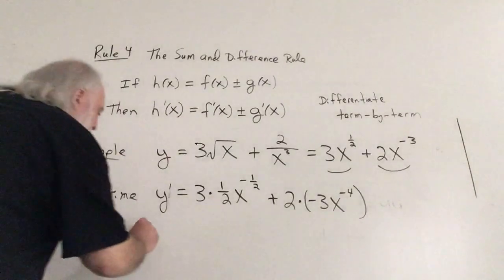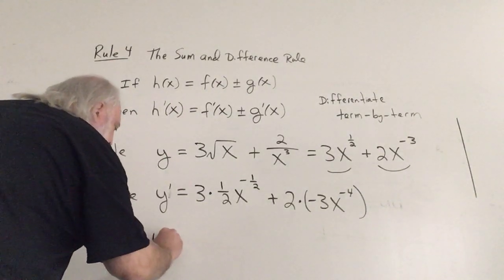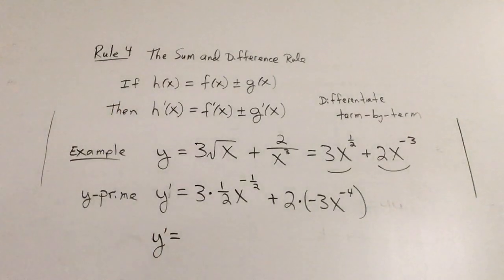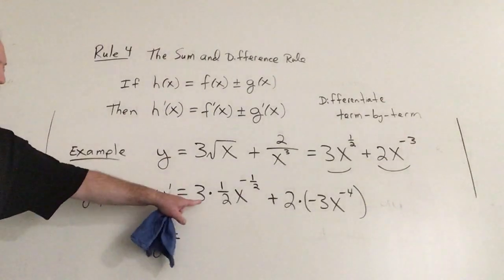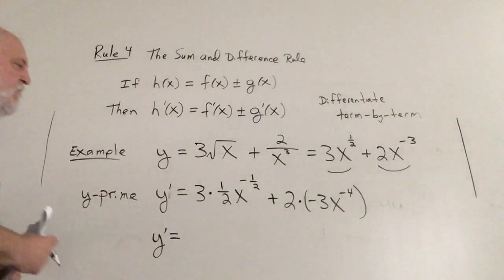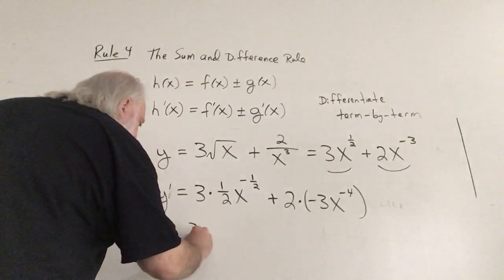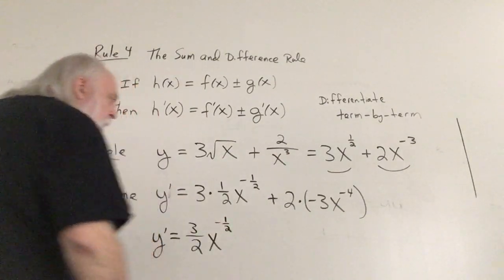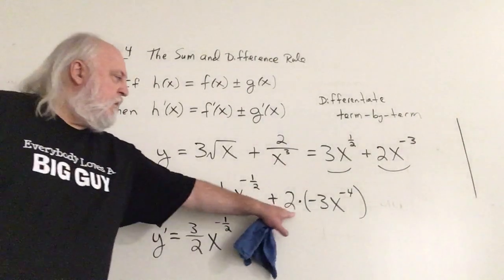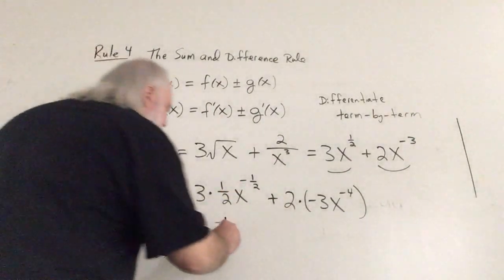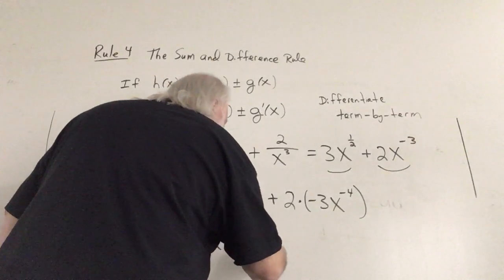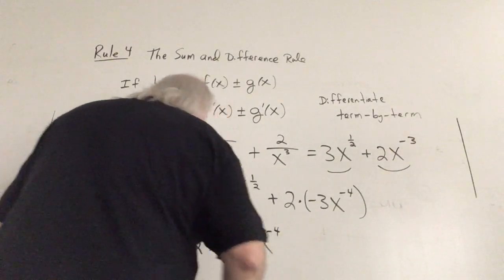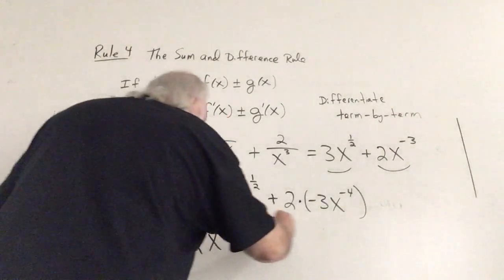And then if we can clean this up a little bit, y prime is equal to, this first term, 3 times 1/2 is 3/2. And in the second term, 2 times minus 3 is minus 6. So we have minus 6 times x to the minus 4th power.